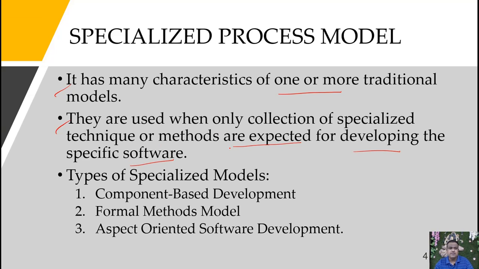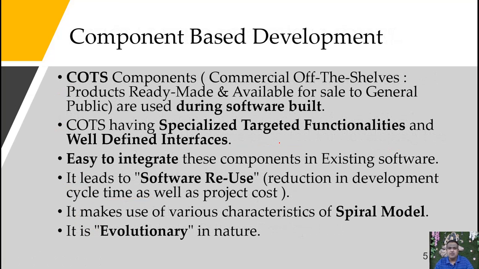The types of specialized model are the component based development, formal method models and aspect oriented models. These are the three main important types of specialized process models.